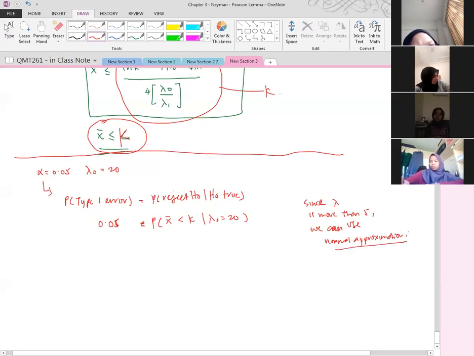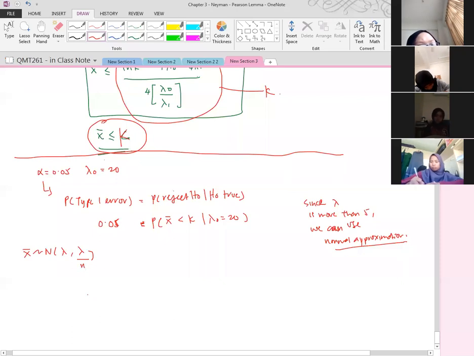So still remember in QMT 161, normal approximation to Poisson distribution. When we use a normal approximation, x bar should be a normal distribution with mean equal to lambda and variance equal to lambda over n, right?